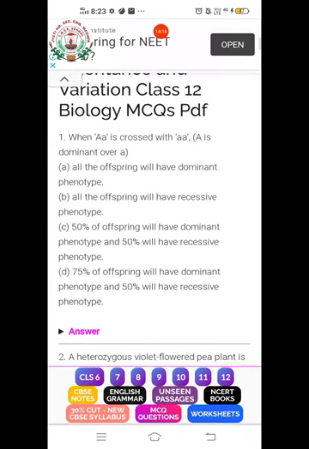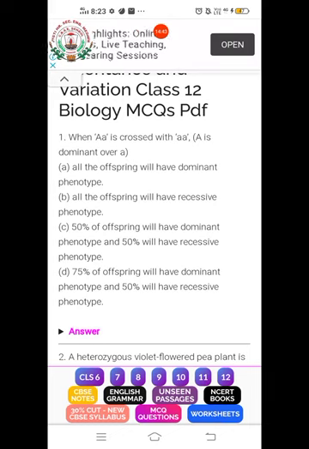The choices are: all the offspring will have dominant phenotype; all the offspring will have recessive phenotype; 50% of offspring will have dominant phenotype and 50% will have recessive phenotype; 75% of offspring will have dominant phenotype and 50% will have recessive phenotype. What will be the answer?